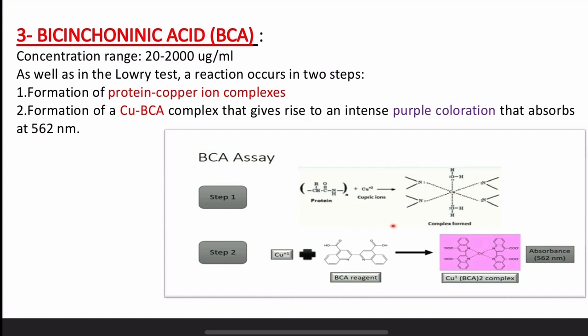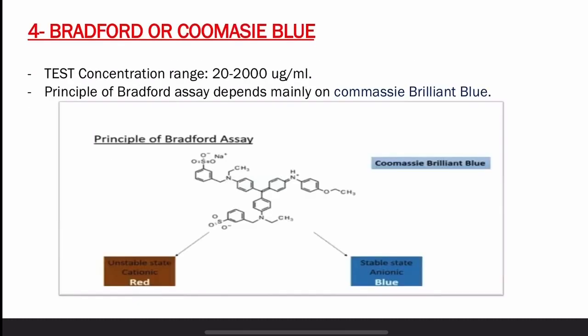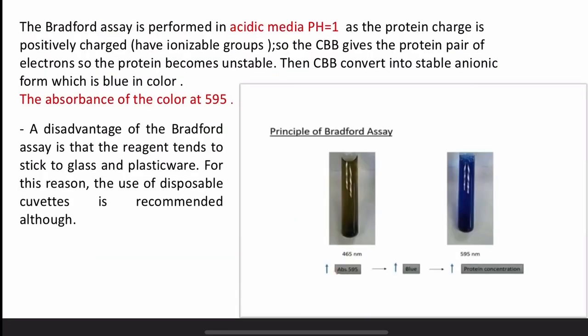The fourth and the last method is Bradford or Coomassie blue. The test concentration range is between 20 and 2000 microgram per milliliter. The principle of the Bradford assay depends mainly on Coomassie brilliant blue. The Bradford assay is performed in acidic media. As we know, the protein charge is positive.